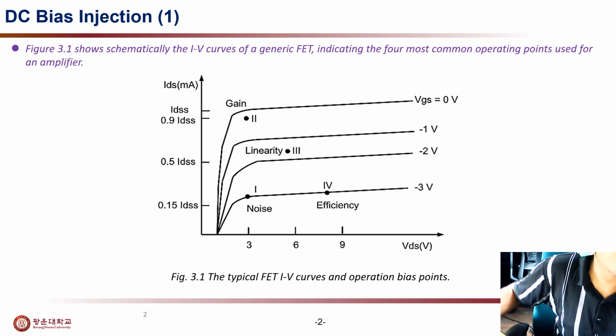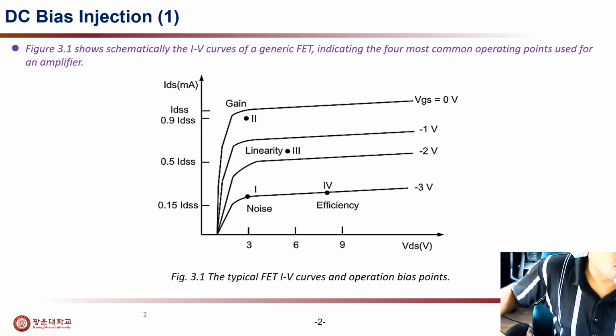At point 2 the FET is operated with VGS close to 0 volts. VGS means gate source voltage, which will be 0 volts in this case. Point 3 is also called linearity, and this point is placed almost exactly in the middle of the IV curve, allowing the maximum linear output power to be achieved for class A operation.